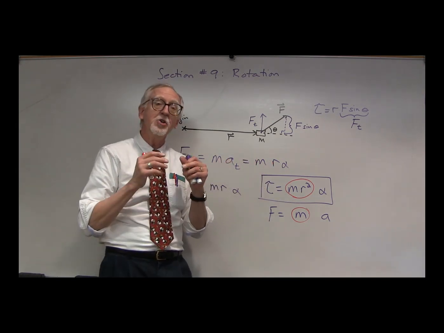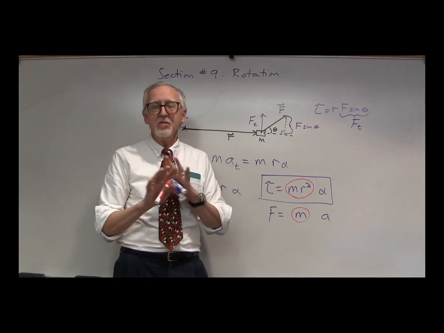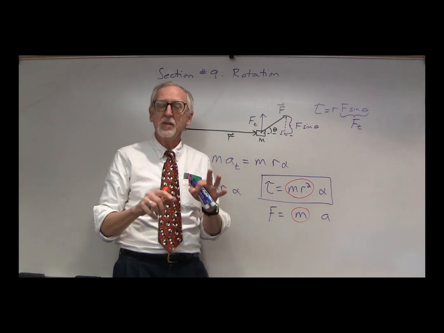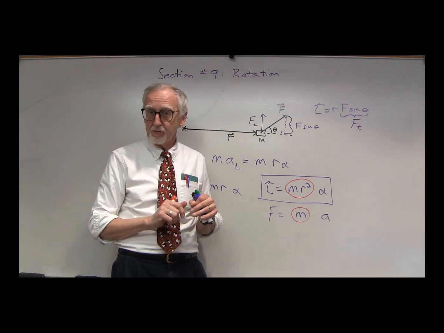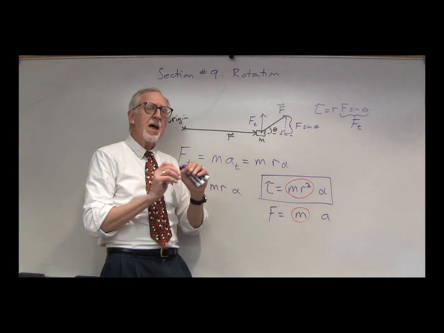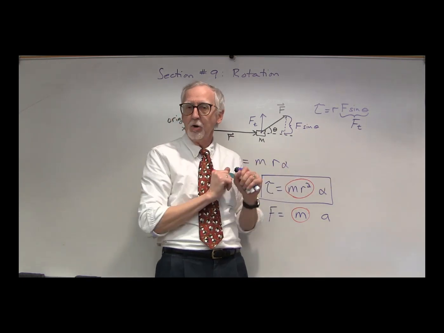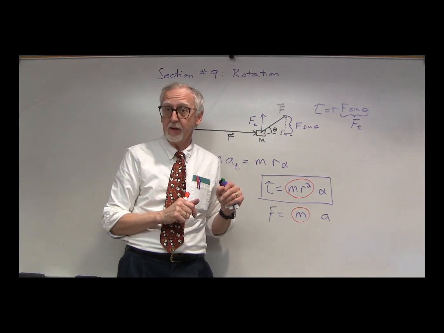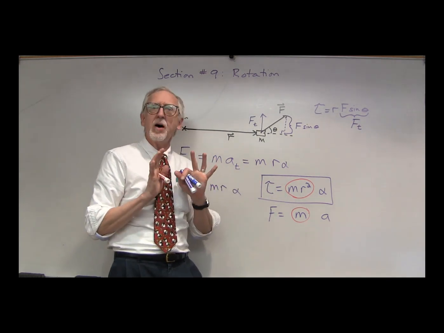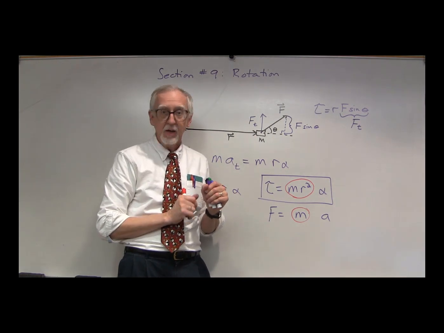In other words, the inertia, or I'm going to use the term resistance, but I do not mean this in any electrical sense. I'm just using it kind of qualitatively. It's the resistance something has, how difficult it is to change the motion of something, to accelerate it, you might say. The larger the mass, the harder it is to accelerate. The smaller the mass, the easier it is to accelerate.